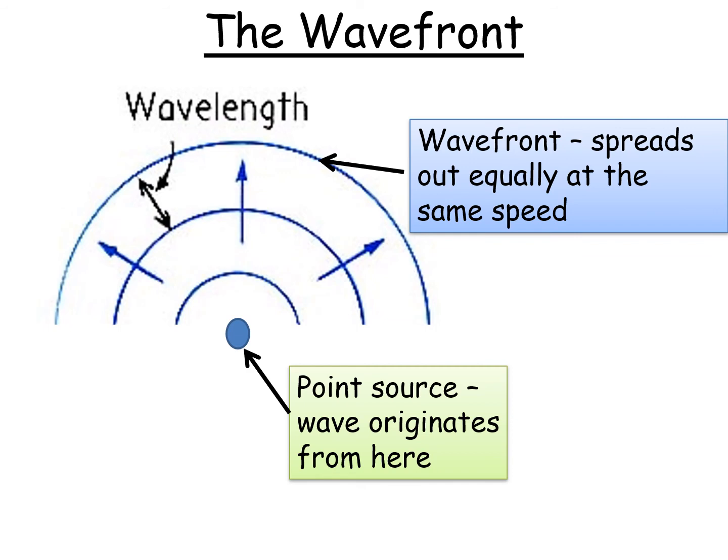Okay, so we call these wee circles a wavefront, and they spread out equally at the same speed. And all that means is that you get a lovely circle which has a certain radius that's the same all the way round. And that's one way to think about how a wave propagates. And propagates means it spreads out.